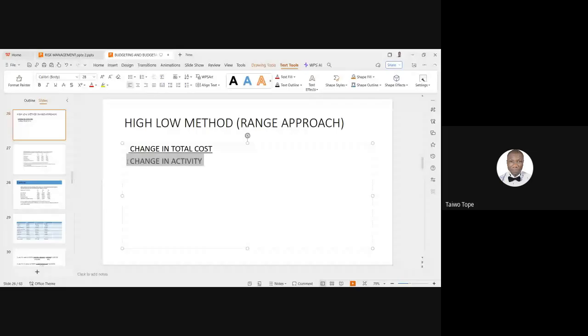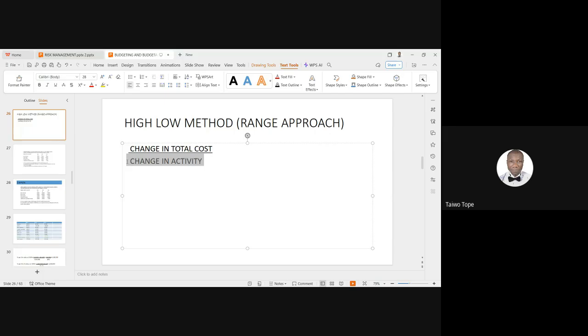So when you divide your change in total cost by change in activity level, you will get your variable costs. You can get the cost per unit or the total cost in terms of 100%. So when you get your cost per unit or your cost at 1% activity level, it will be much easier to get it at 100%.